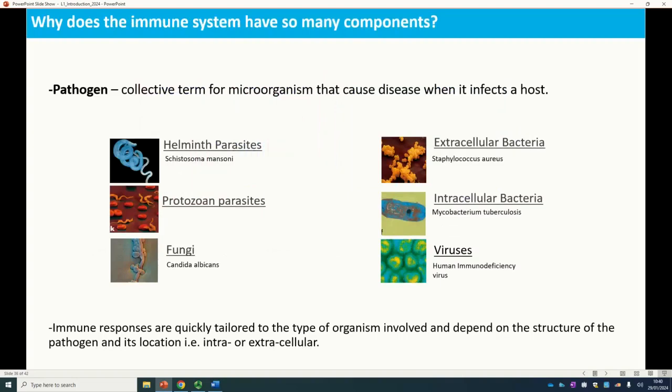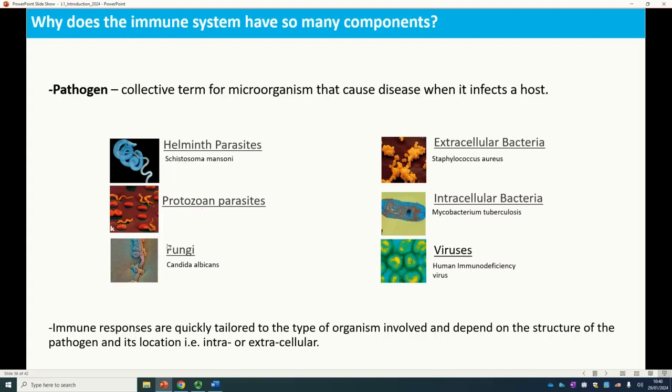So why does the immune system have so many different components? Well, this leads on to what we were talking about earlier, that the immune response is tailored to the type of organism that is involved, and that may depend on the location of that pathogen as well. So obviously a pathogen is a collective term for any microorganism that causes a disease when it infects the host. So we have helminth parasites, so these will be your worms.